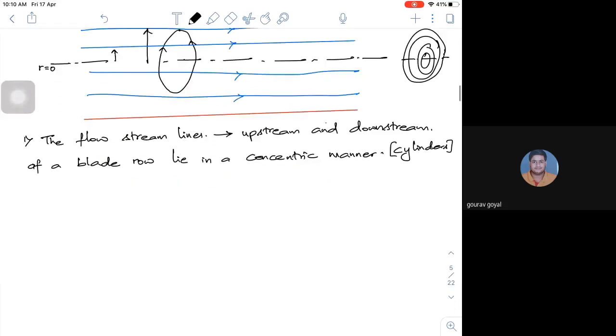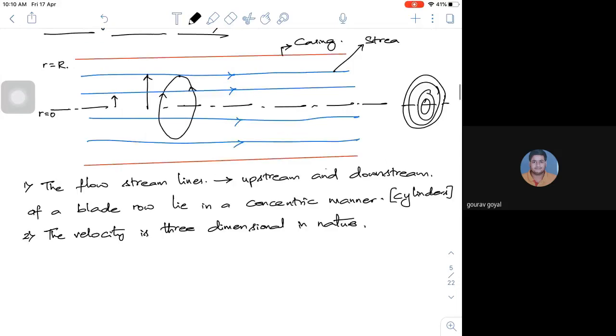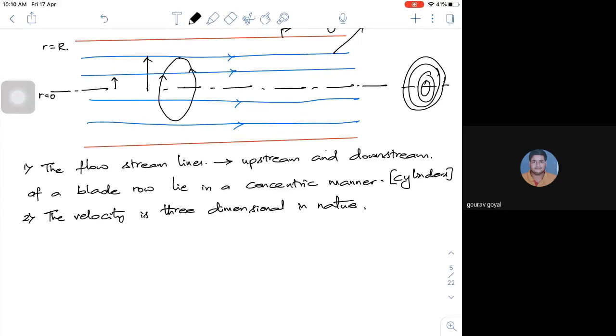The second point. As I have told already, the velocity is three dimensional in nature, and I am going with the cylindrical coordinates, that is the r theta z coordinate. This is z, this is r, this is theta.